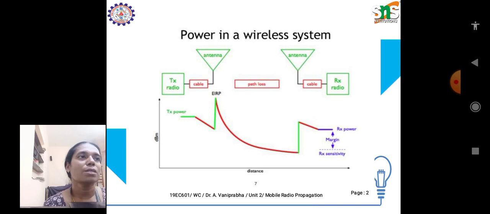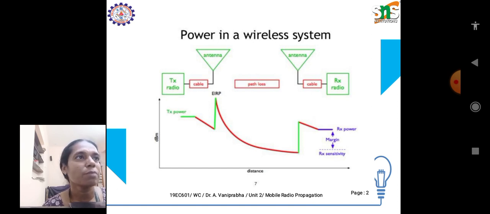So this is a drawing which represents a simple wireless system where the power has been recorded. The transmitter radio sends the waveform through a cable and it is forwarded to the antenna section where it gets radiated in space.